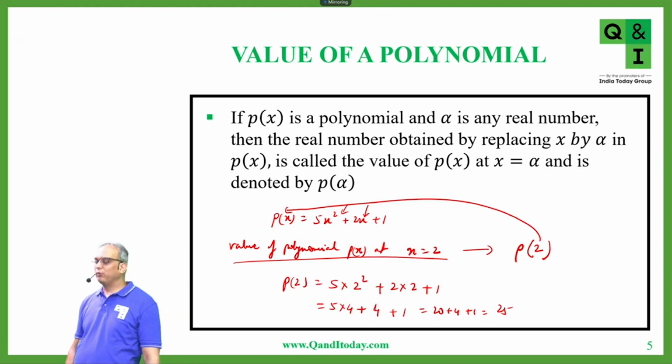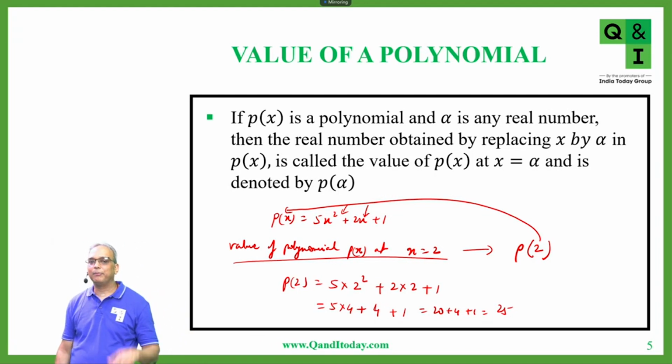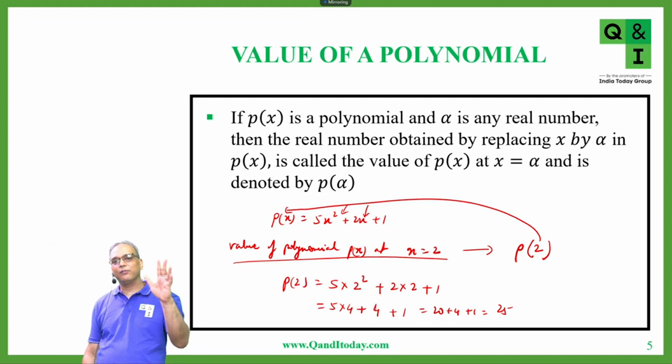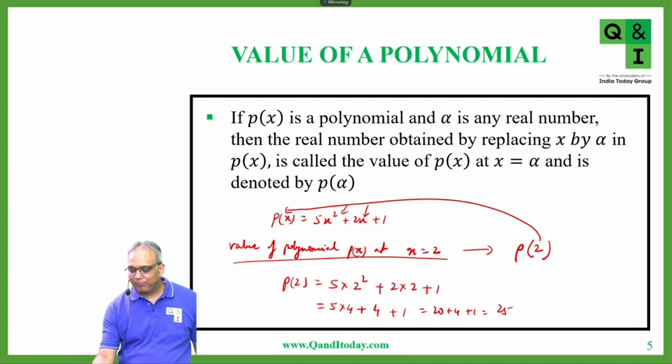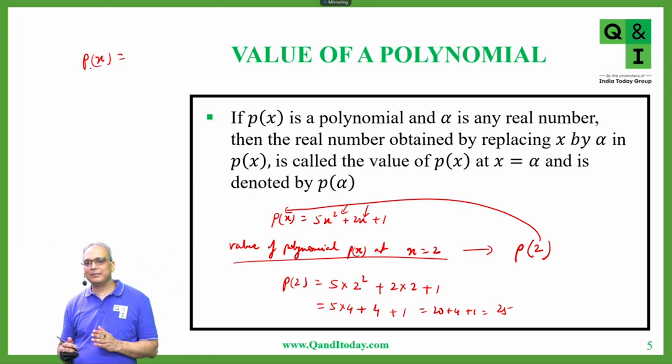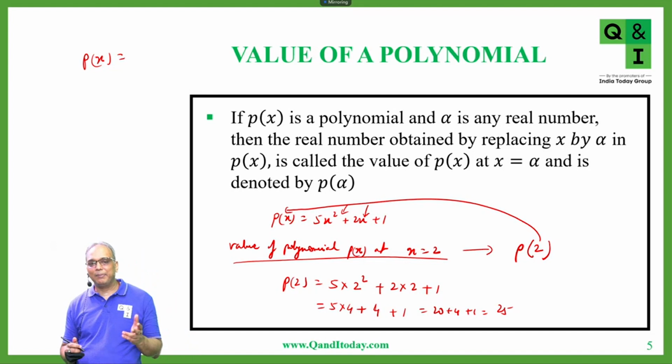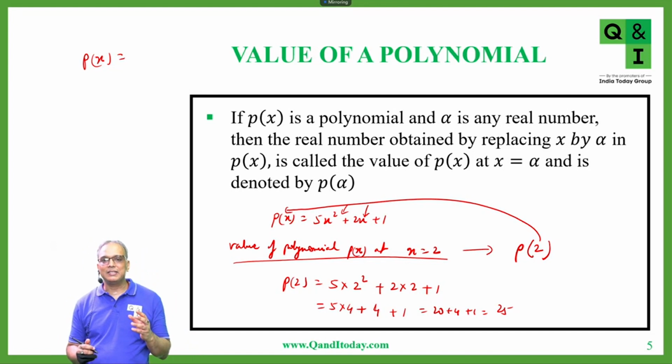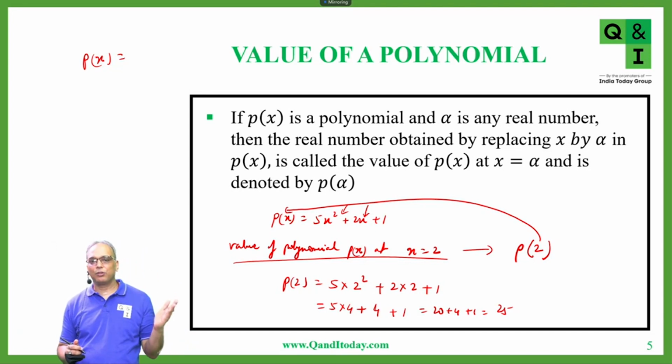What we are talking about is the value of the polynomial at a value of a variable. Since the polynomial which we have defined here is P(x), P(x) doesn't mean multiplication or something. P(x) is a representation. P stands for polynomial. Any polynomial can be named by some letter.